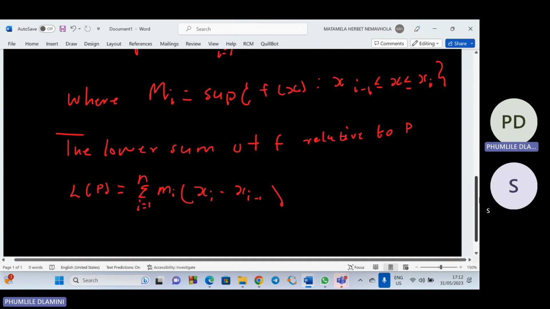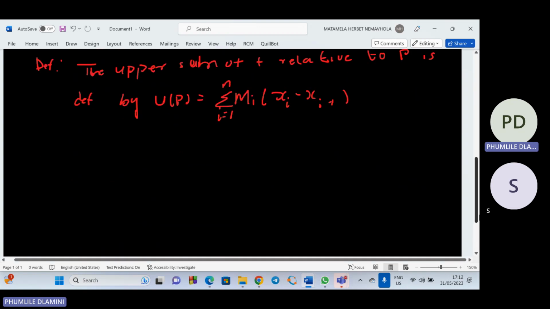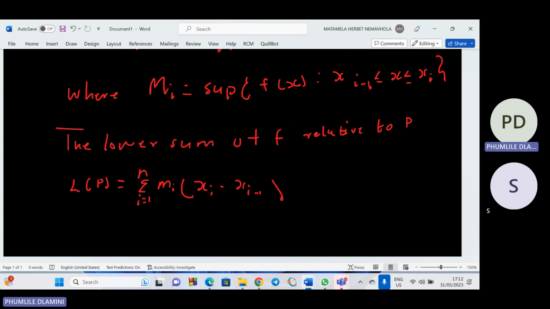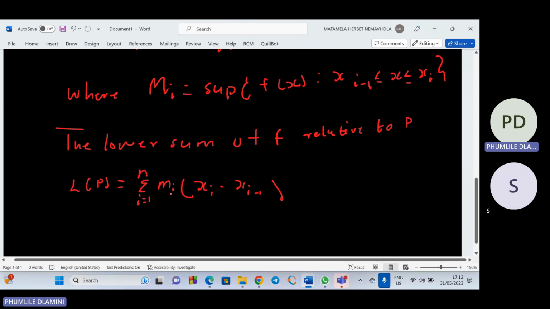When I use a lower sum, I'm using a small letter m, so you must also use the small letter m, even if you are using small letter mk.